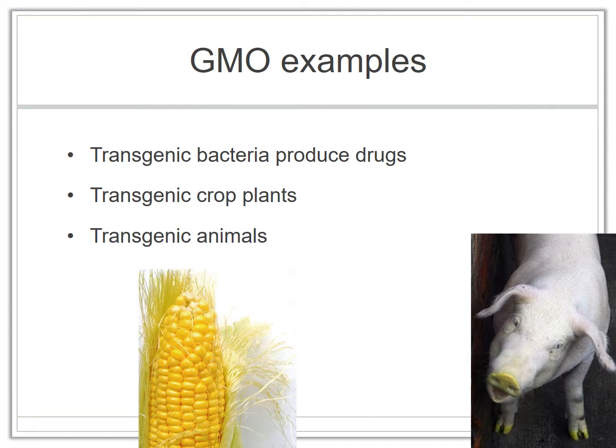Transgenic crops: making sure that crops are able to survive easily with the least amount of water, the least amount of nutrition, or that they can handle whatever environmental conditions they're exposed to. It makes groceries at the grocery store cheaper.